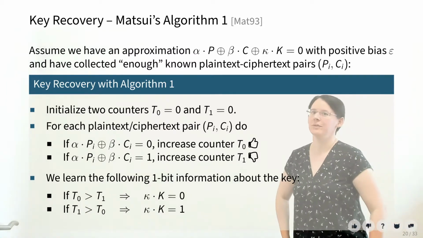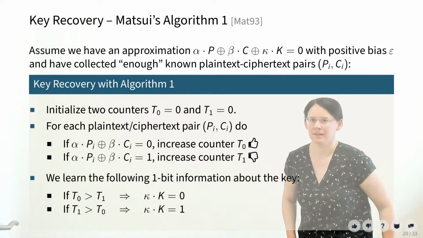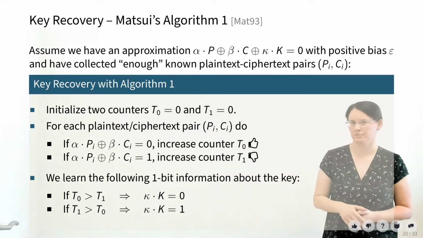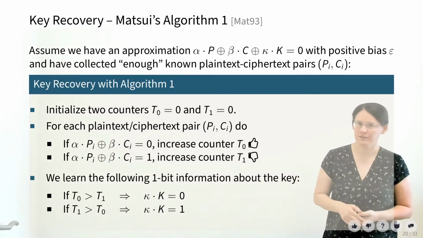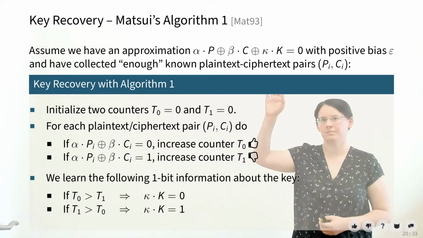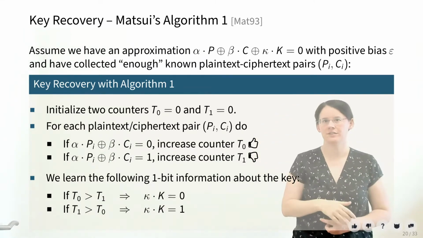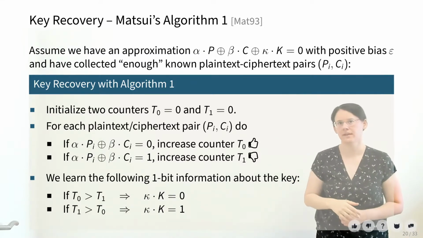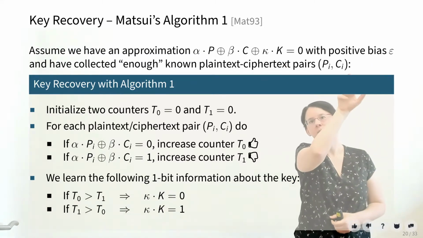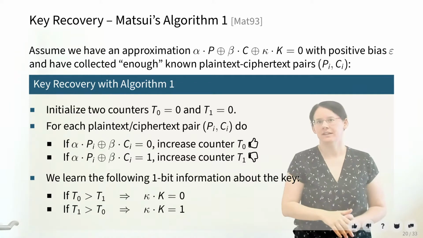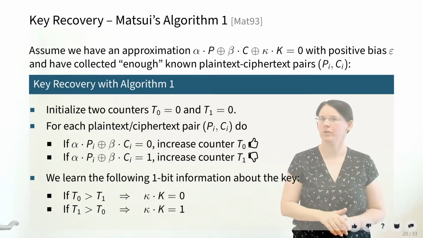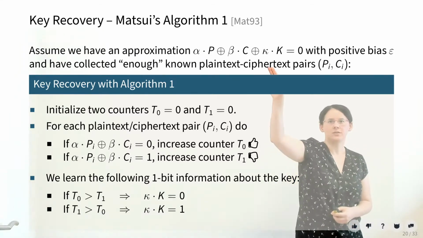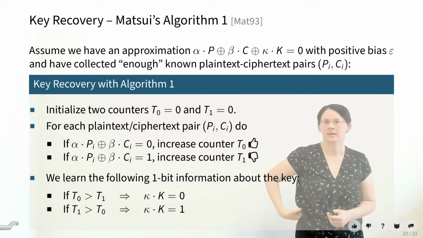And let's assume we have a couple of known plaintext-ciphertext pairs at our disposal. What we want to do now is evaluate for these plaintext-ciphertext combinations how often they satisfy our equation. If it has a positive bias, we would expect that it satisfies the equation more often than not. But of course, this depends also on the key.